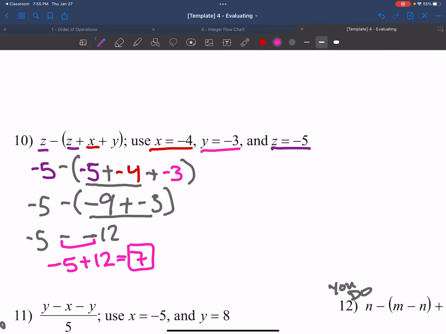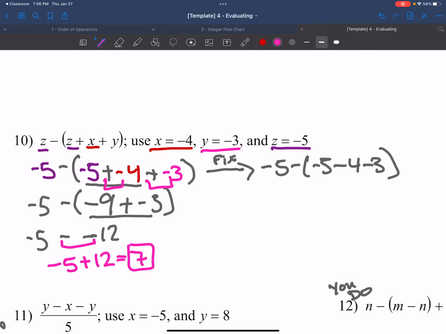Alternatively, and I'm going to do this quickly, if you wanted to fix those signs there, we would have -5 minus, open the parentheses, -5 minus 4 minus 3, right? Because if you wanted to fix these guys here, that is fine.